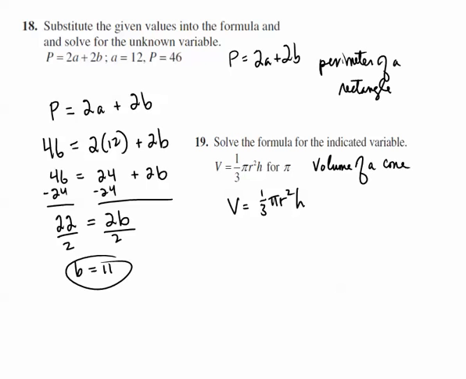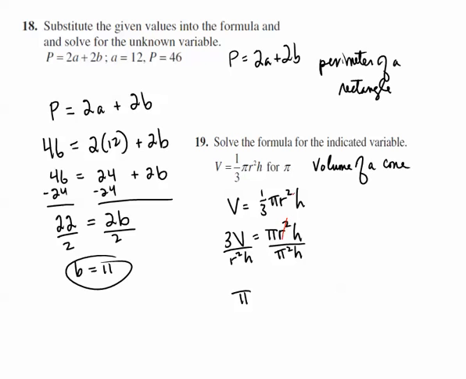So what we want to do is isolate pi. The first thing I do, because it's a fraction there, I'm going to multiply both sides by 3. When I do that, the 3 times 1/3 becomes 1. And now I just want to isolate pi, so I'm simply going to divide by r squared h on both sides.